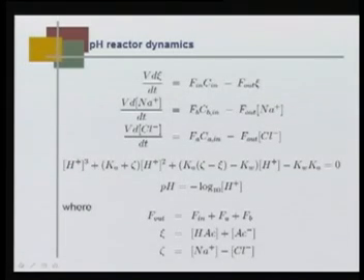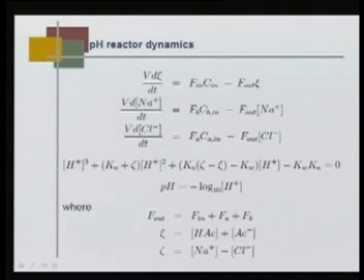And here, V times the rate of change of chloride ion concentration is Fa, the acid flow rate, into the acid concentration in the input stream, minus Fout, the output flow rate, into the chloride ion concentration.